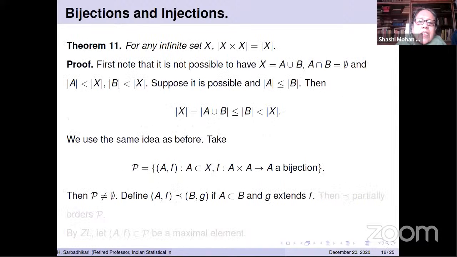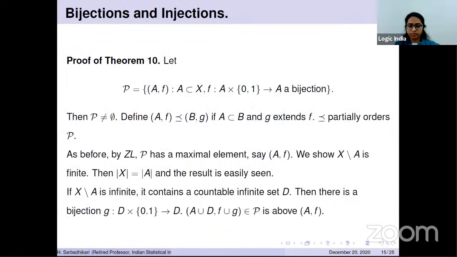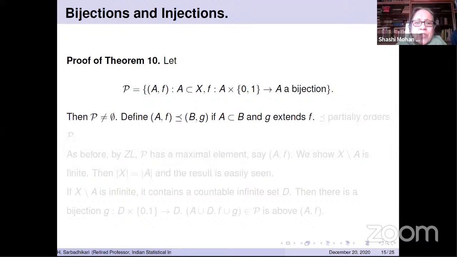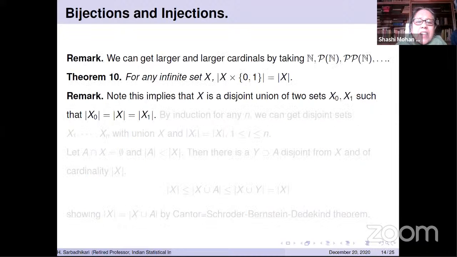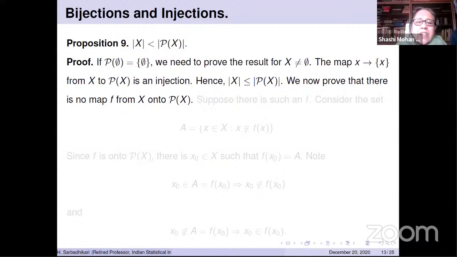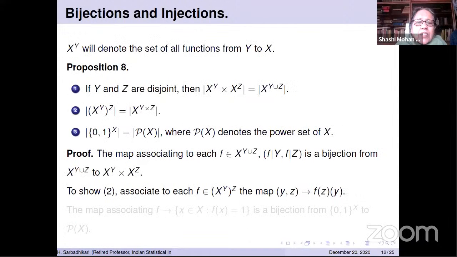Proposition A. I'm going back because there's a question from somebody listening on YouTube. So the question is this. Here, for the cardinality of 2 to the power y to the power z, and the cardinality of x to the power y cross z, what happens if y is empty? Is there any problem?